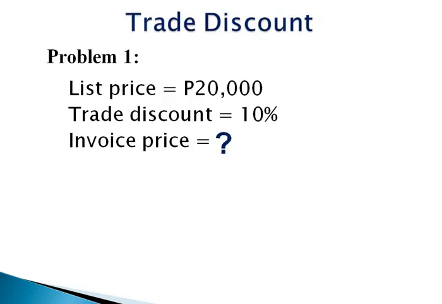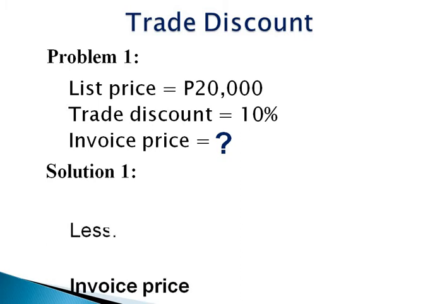Let's have this problem. The list price and the trade discount in terms of percent are given. We are being asked to compute for the invoice price. Invoice price is computed by deducting the amount of the trade discount from the list price.